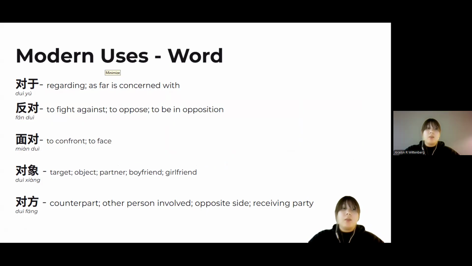Next is 面对, which is to confront, to face. The second last one is 对象, which means target, object, partner, boyfriend or girlfriend. I found this one very interesting and fun. And the last one is 对方, which is counterpart, another person involved, or an opposite or receiving party.